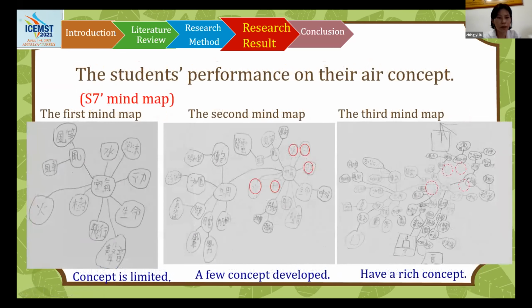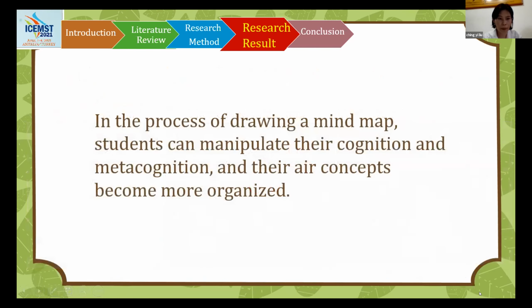And another student's mind map. We can see student 7's third mind map is richer, and some concepts have been corrected and checked, like this. In the process of drawing a mind map, students can manipulate their cognition and metacognition, and their air concept becomes more organized.